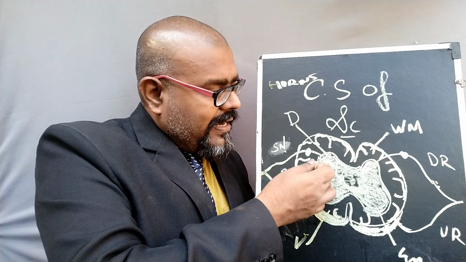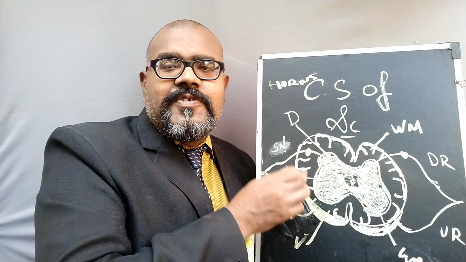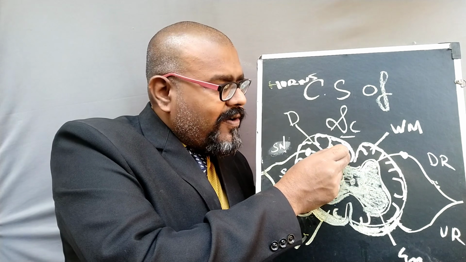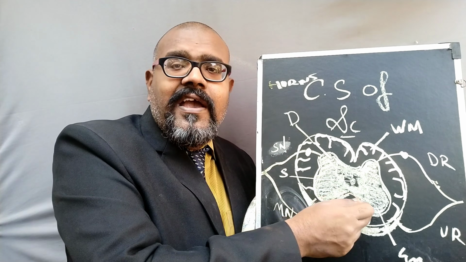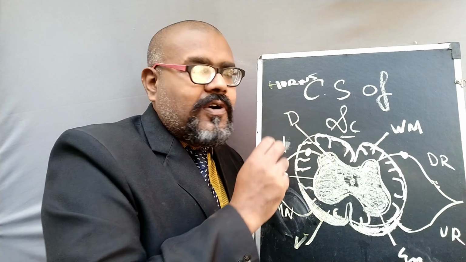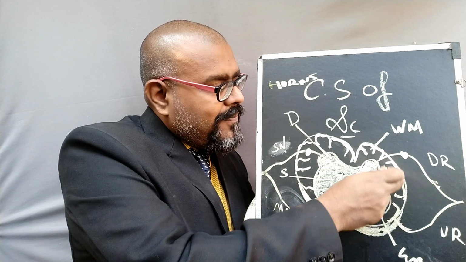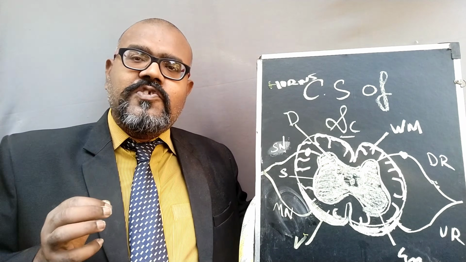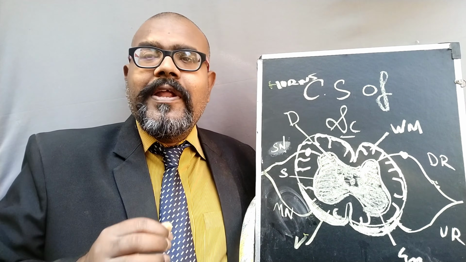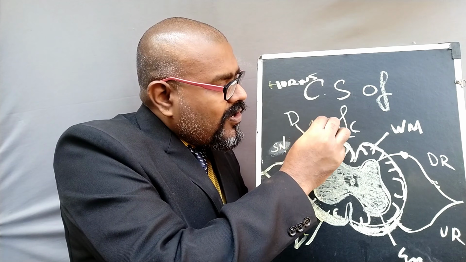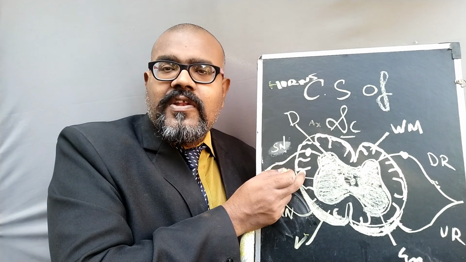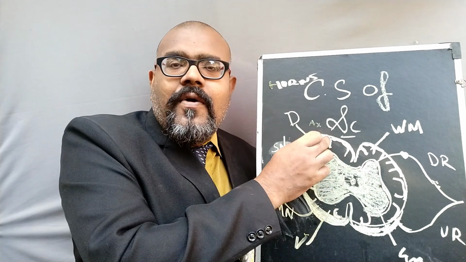Then come to the next portion of this cross section. After the butterfly-like structure, we have the space called the white matter, after the shaded portion. This white matter consists of so many neurons. All the axons of the neurons are present in this white matter.